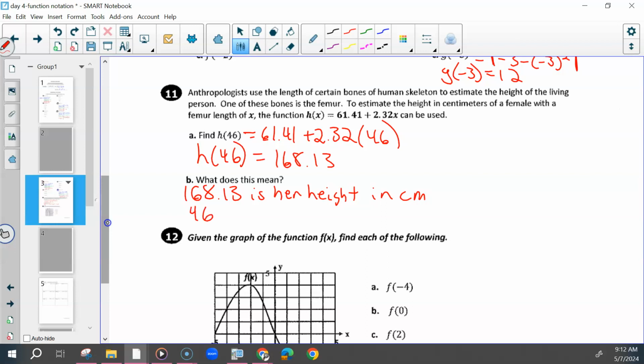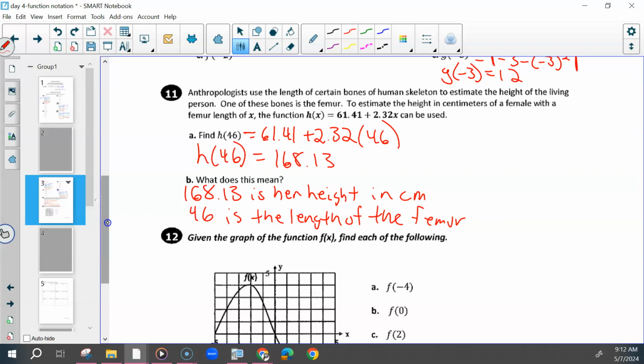The length of the femur. So not only being able to calculate it, but also relaying the context of whatever the word means.